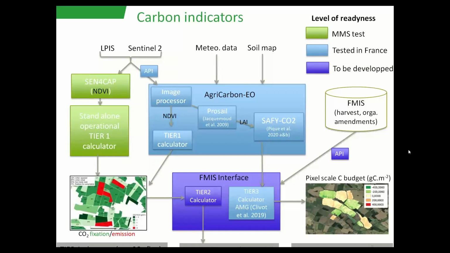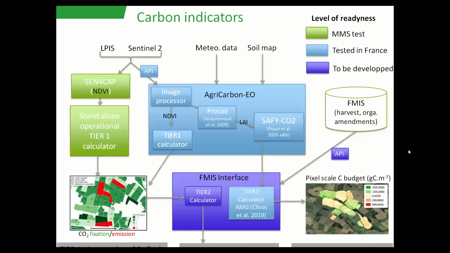So it's not a carbon budget; it's one of the 3 components needed to calculate the carbon budget. And the tool is now operational, and it has been tested in other member states, in Spain, in the Netherlands, and in Denmark, and in France, of course.